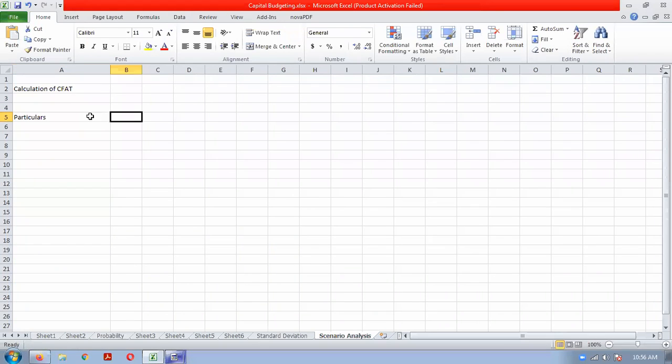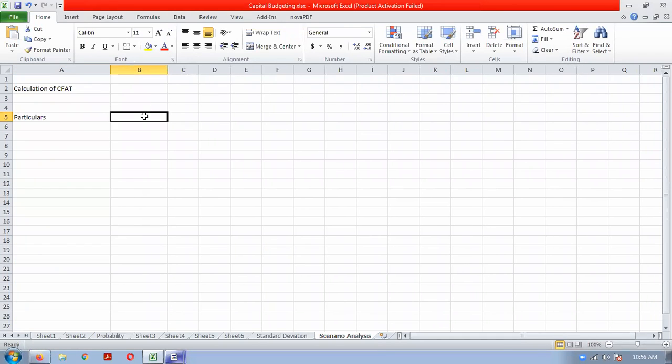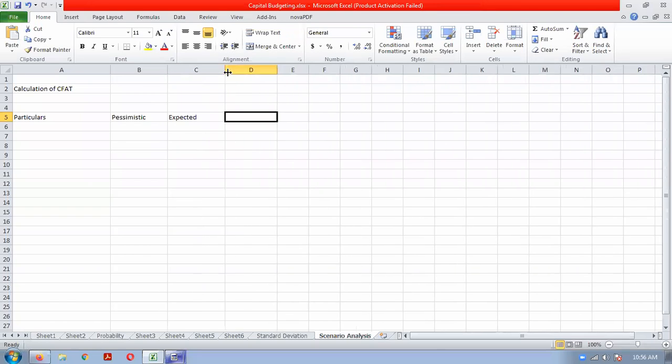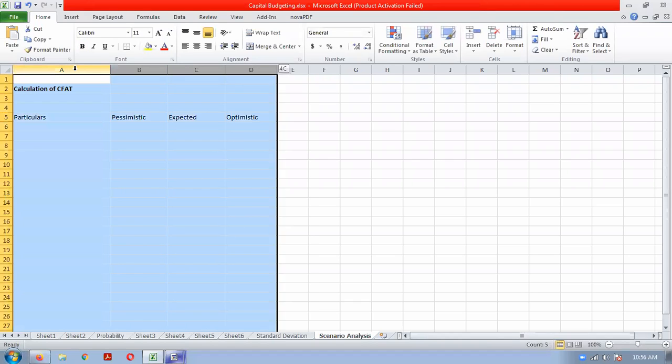Particulars: pessimistic, most likely, for that they have used the word expected, and optimistic. First, we will calculate the cash flow after tax.